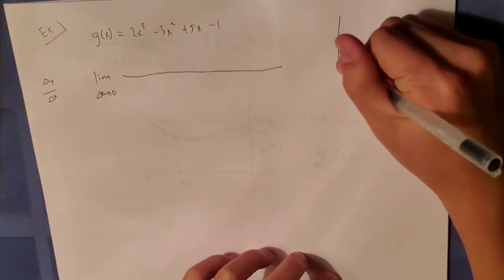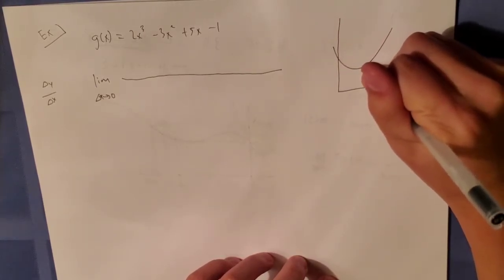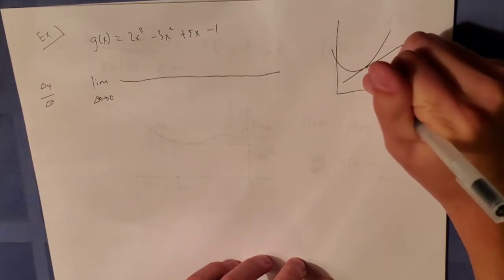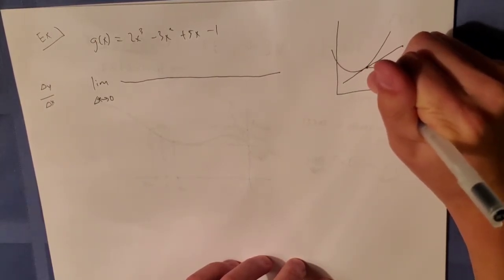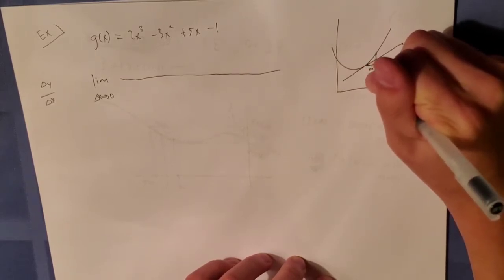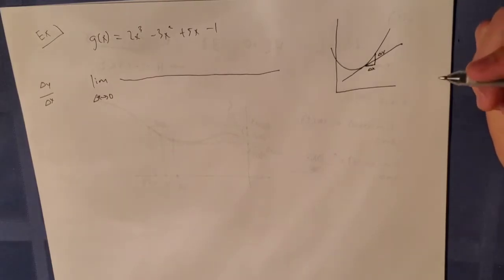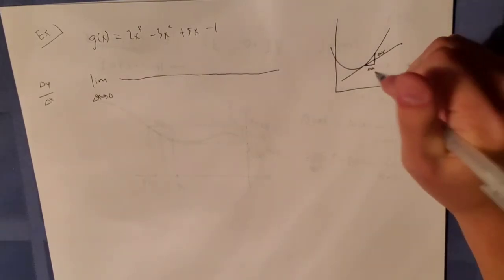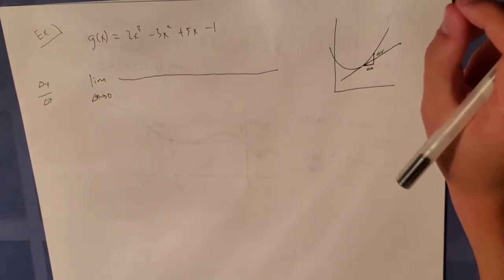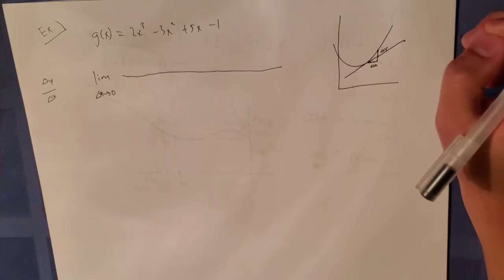Okay, so we have a curve here, and a point here, right? This is your delta x, and this is your delta y. As your delta x gets smaller and smaller, your slope approximation will get better and better. I hope you can see that.